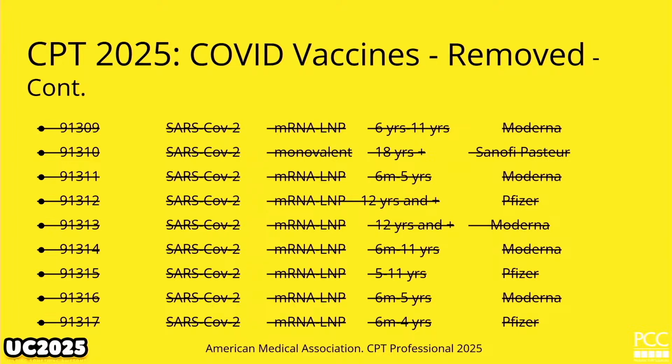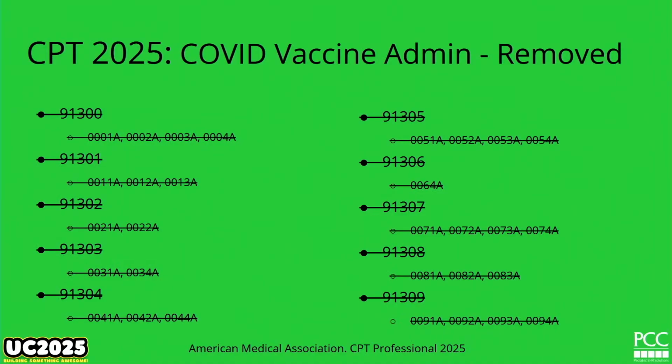Slide number 2 of COVID-19 vaccines that were removed, and all the admins as well. So ideally, this should make things a lot easier for you and not have to figure out and balance, okay, here's the vaccine and here are the 3 different admin codes, or here's the admin code for these 4 vaccine numbers that all start with zeros.